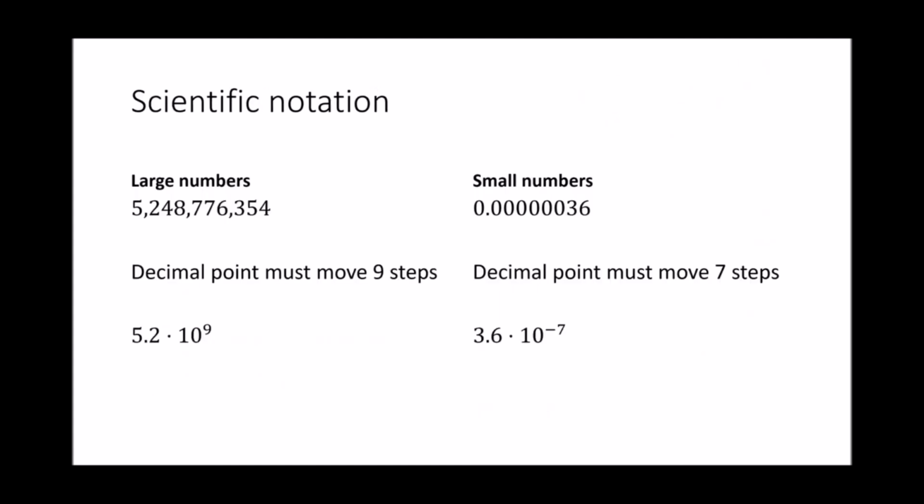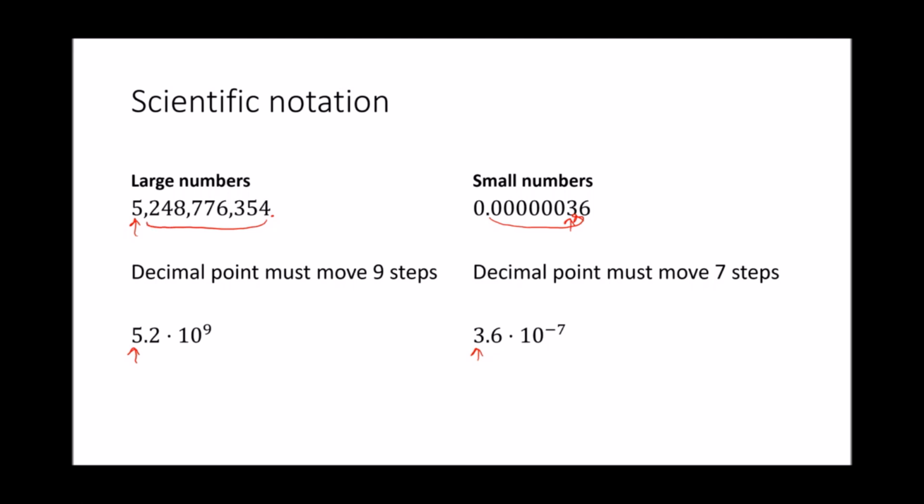So finally, let's summarize. In all cases, we try to write the number with 1 digit before the decimal point. So that means that here the 5 is before the decimal point, and here the 3 will be before the decimal point. And also in both cases, we can just count how many steps the decimal point must move. In the right example for the small numbers, it's already obvious because we have a decimal point that we have to move between 3 and 6. For the large numbers, there is no decimal point yet, but it's technically here, we just don't write it.